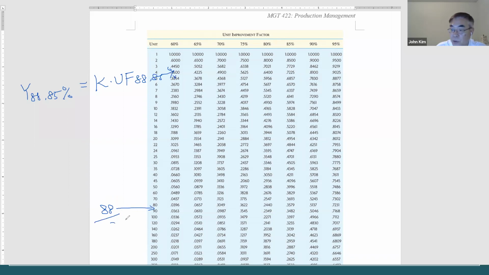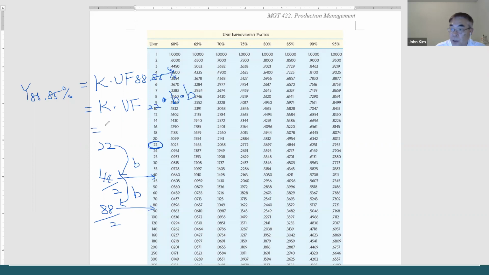So divide by 2 equals 44. Still cannot find it. So again, divide by 2, then it is 22. Yes, we can find it. So we will use K times unit factor 22 to go to 44 times B, to go to 88 times B. So times B twice.